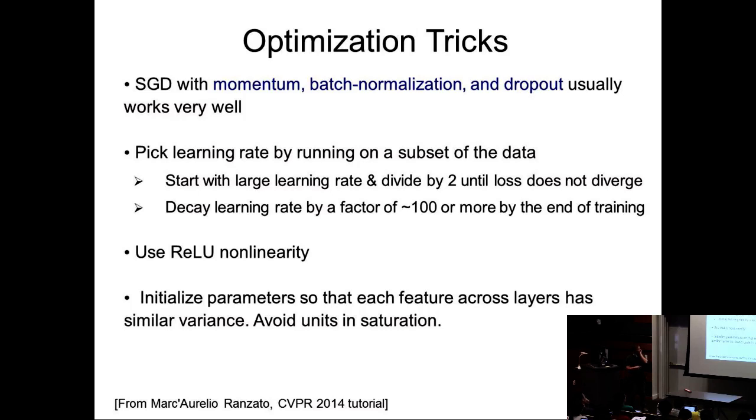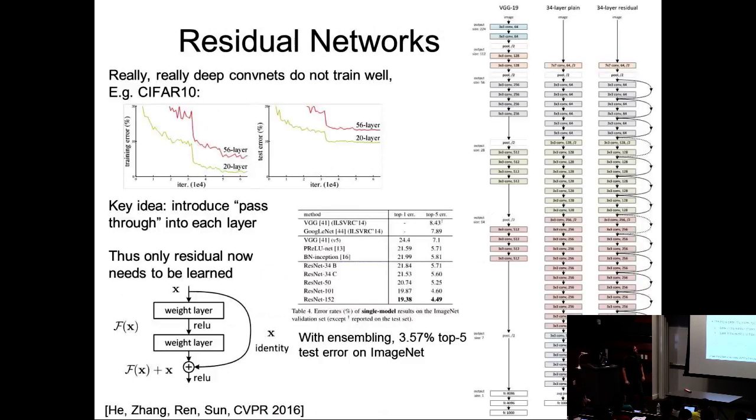You typically want to pick a learning rate by running on a subset of the data. You can start with a large learning rate, you divide it by 2, and so forth. In fact, if I look at this particular model, you see these jumps. What happens when it jumps is that at that point in time you decrease your learning rate by 2.